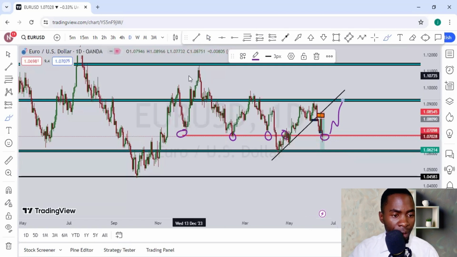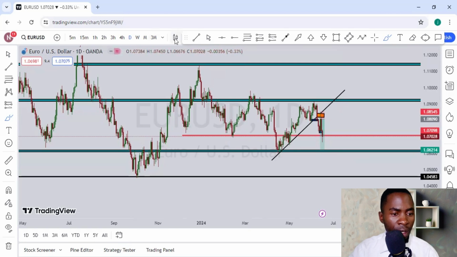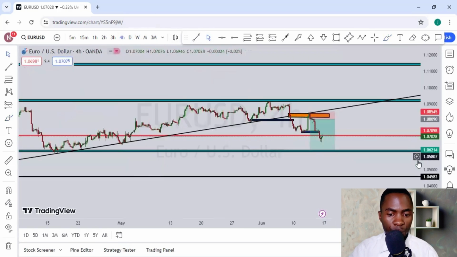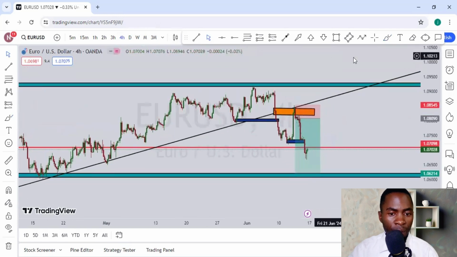So already I have taken my first profit. It's already taken. Now I'm anticipating to take my second take profit. But as for now, I've already protected my profit.